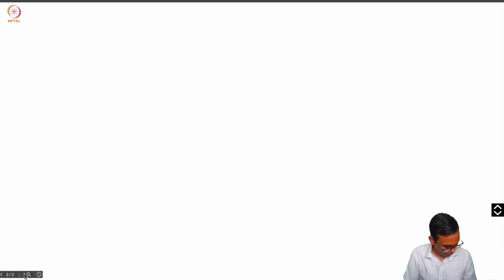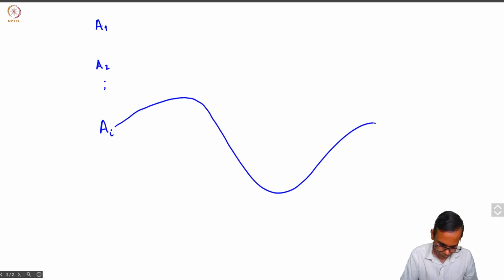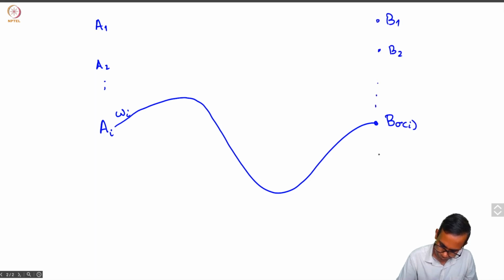So let's draw a picture. We have A1, A2 and so on, and we have A_i. We have a path omega_i that starts out at A_i, and say it ends up at B_sigma(i). Here we have B1, B2. Now this path may cross several paths omega_j. Now look for the first point where it crosses some other path.